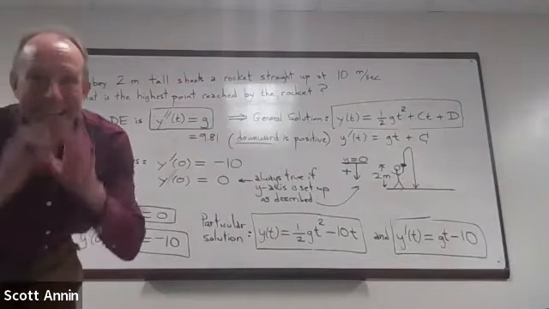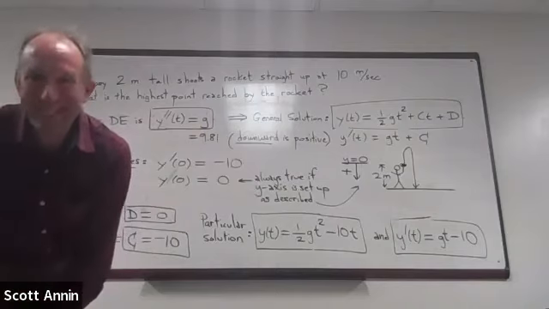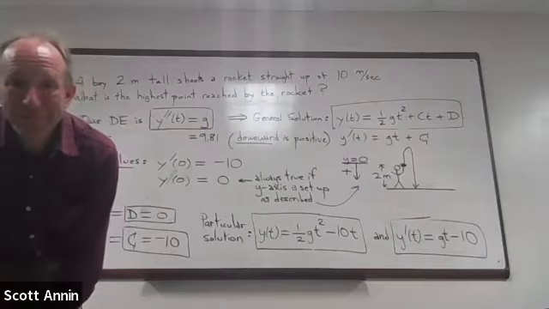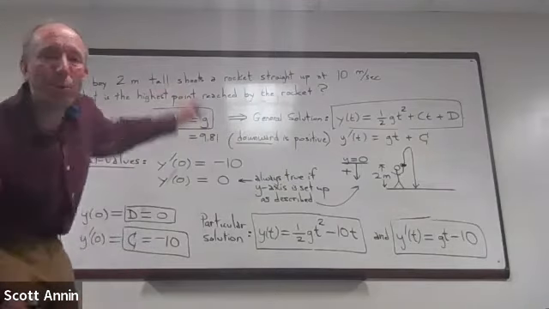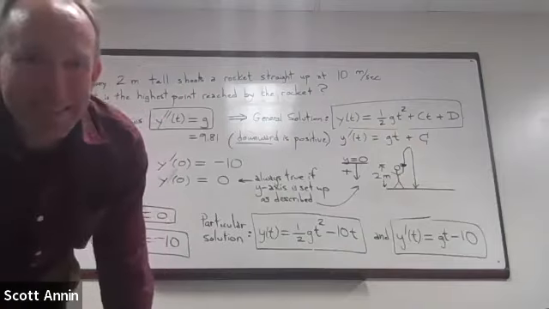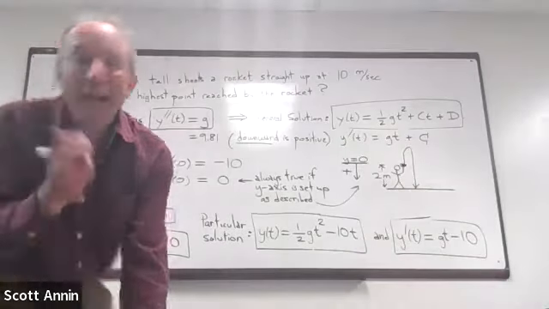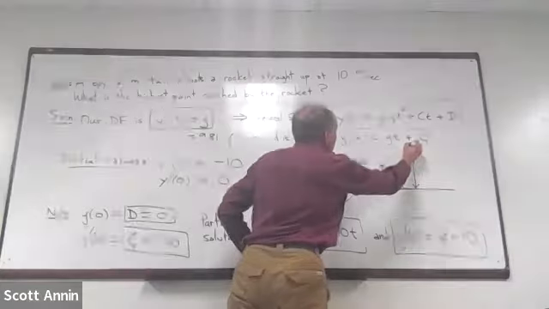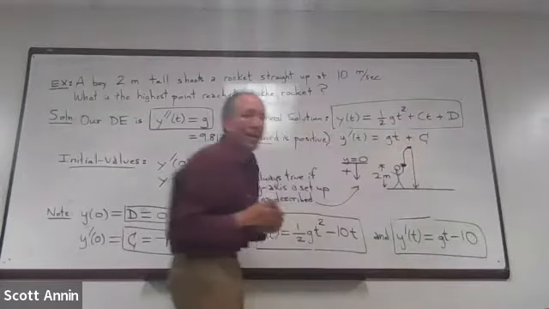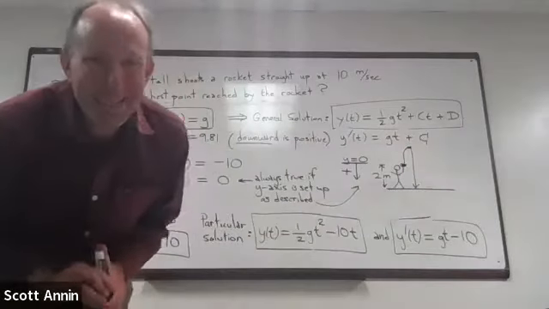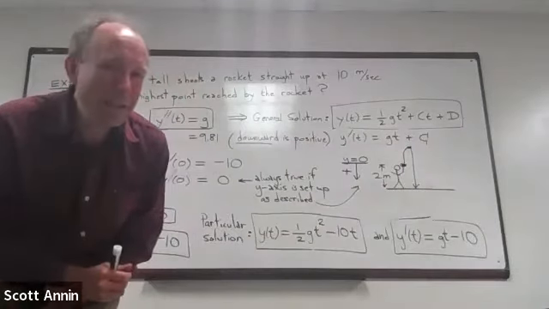I should be able to answer any question about this object that I want. Question is, what is the highest point reached by the rocket? If you think about it, at that highest point, what is special about that highest point in terms of the motion of the object?